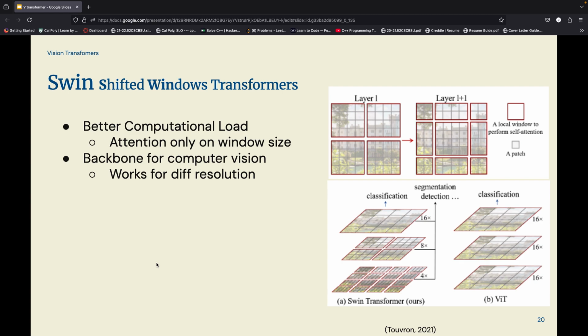You're doing it only on the local window, and then that is later given to a higher hierarchical layer for classification at the end. And because of this divide and conquer approach to global attention context, it massively decreases the computational complexity.